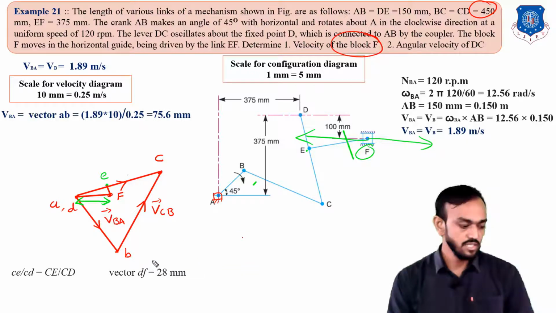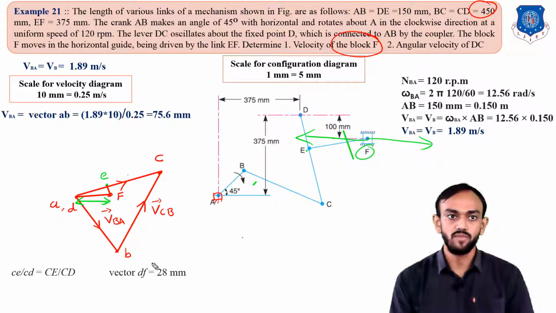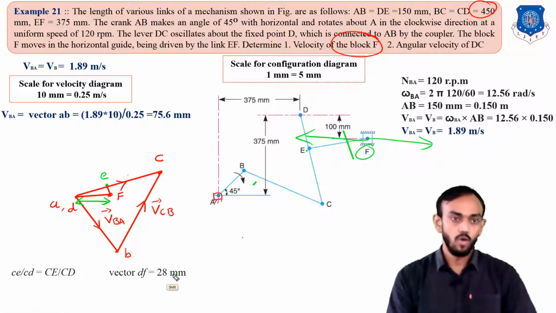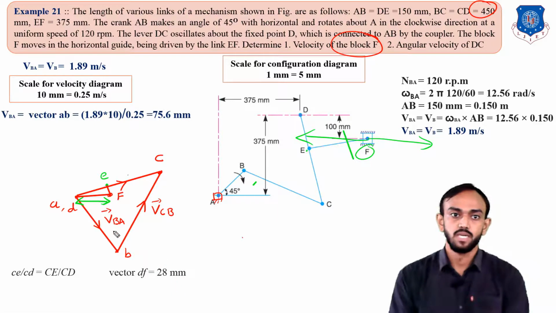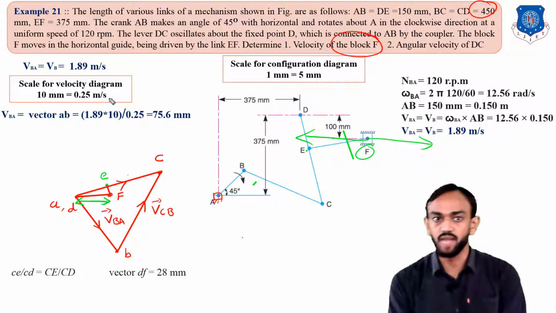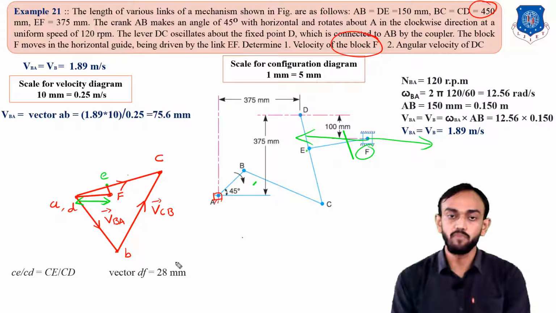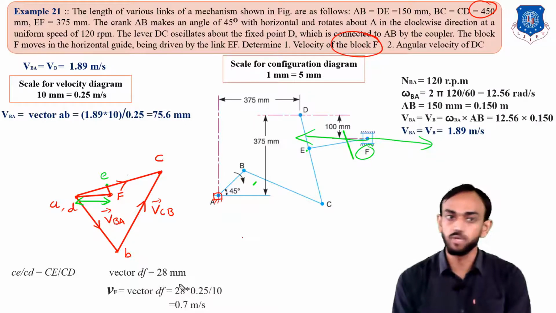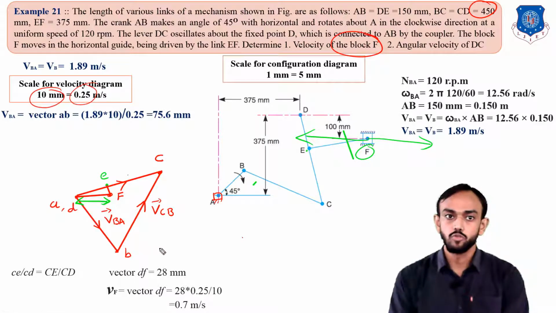If you measure this distance D to F, you will find 28 mm. Remember that 28 mm. But you have to use this scale here: 10 mm is equal to 0.25. So for 28 mm, what will be the value in meters per second? For 10 mm, 0.25 meter per second, so for 28, you will find 0.75 meter per second.